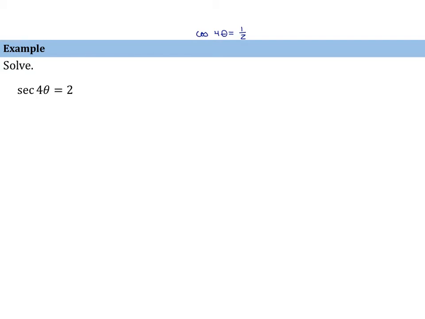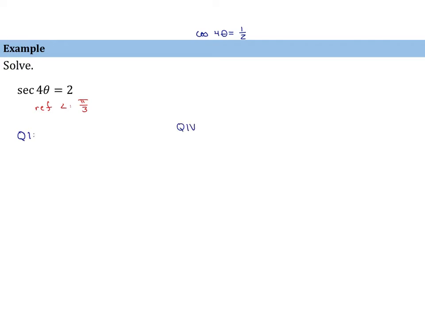So we have cosine of 4 theta equals 1/2, or secant of 4 theta equals 2. What's the reference angle? The reference angle would be pi over 3. So let's look at where secant functions are positive, and that would be in quadrant 1 or in quadrant 4.